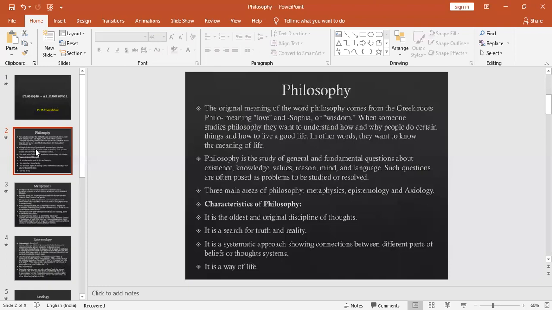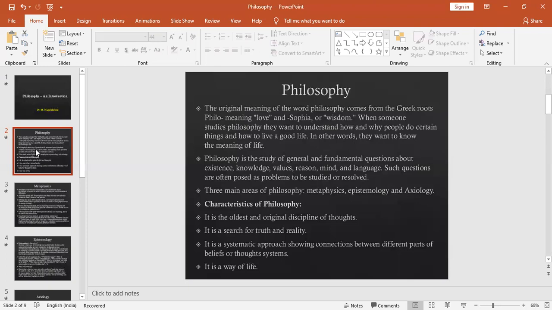Three main areas of philosophy. What are those three areas? Metaphysics, epistemology, and axiology. These are the three main branches, main areas of philosophy. So anything you want to study in philosophy, or when you want to relate it with your critical theory or criticism, you are absolutely connected with these three branches: metaphysics, epistemology, and axiology.